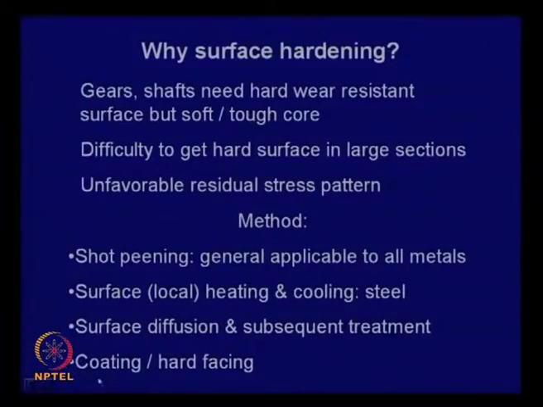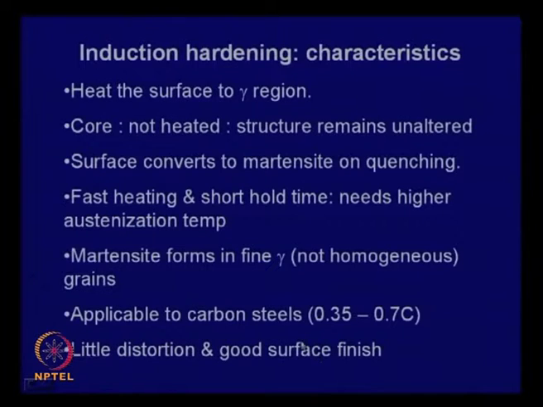So, different types of coatings are possible for different types of applications, but we will not go into the details. We will concentrate on these two, because they are related to heat treatment of steels, and the bulk of the components that we use are made of steel.